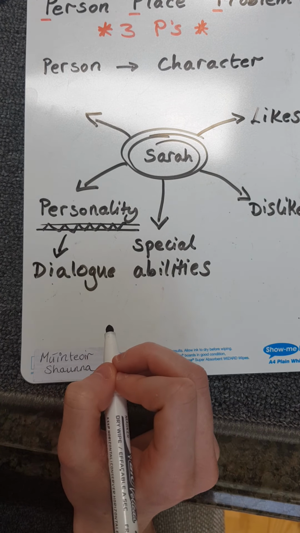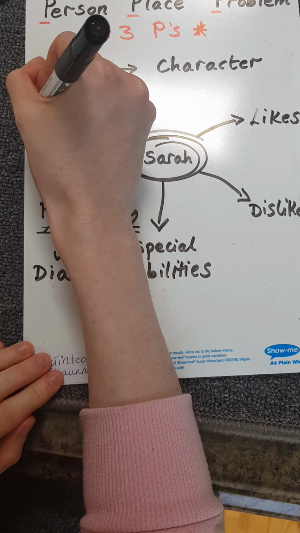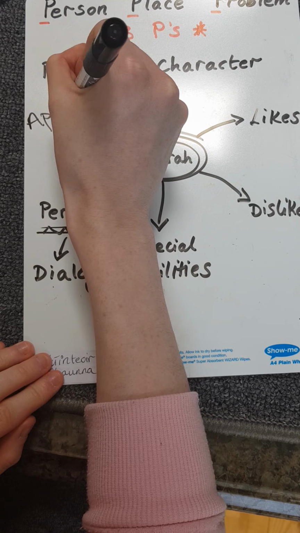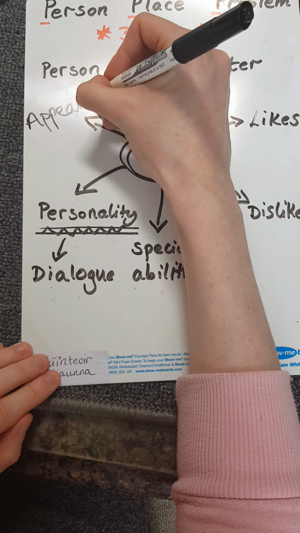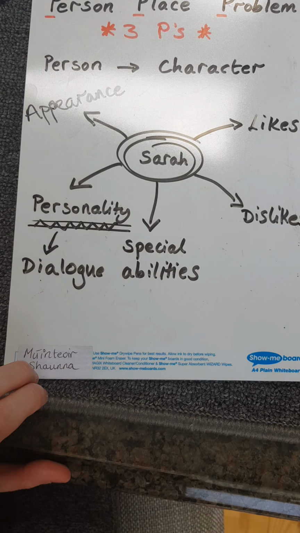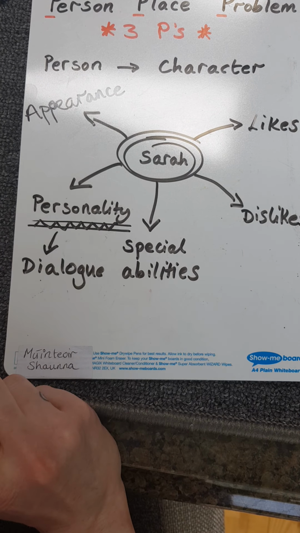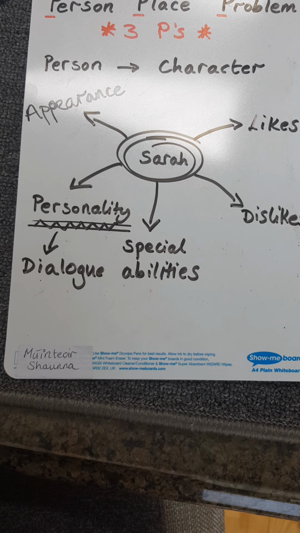Okay? And the last one is appearance. Appearance refers to how Sarah looks, all right? So what type of hair she has. Does she have long hair, short hair? Is she pale? Is she tall? Is she very thin? That type of thing, okay?